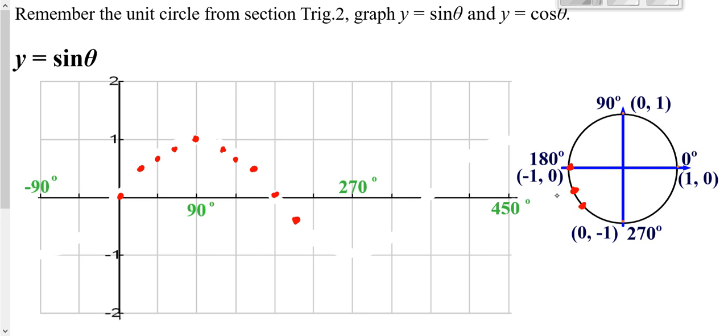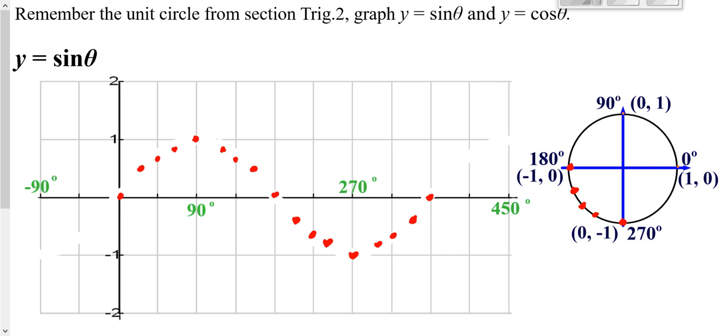Sine of 225, that would be here at about negative 0.7, because it'd be negative root 2 over 2. Sine of 240 would be about here. Sine, we look at our y value here, it's negative 1 at 270, and we keep doing this all the way around until we get to a full revolution.